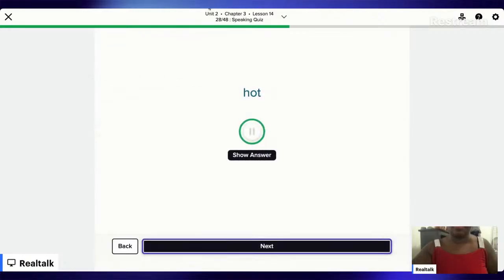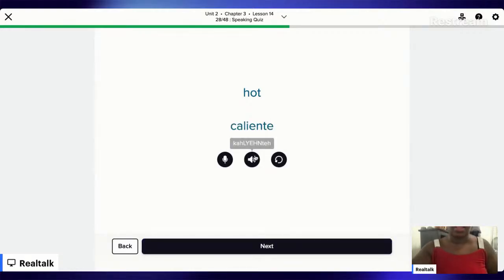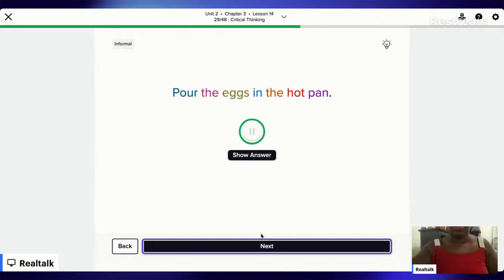Now try and say hot. Caliente. Caliente. If you're in an informal situation, how would you say, pour the eggs in the hot pan? I don't even remember how to say that now because I'm so pissed.